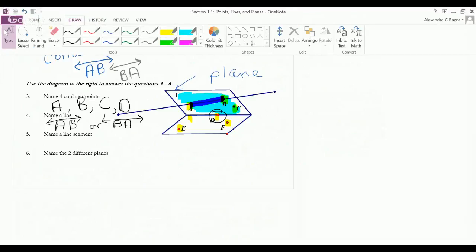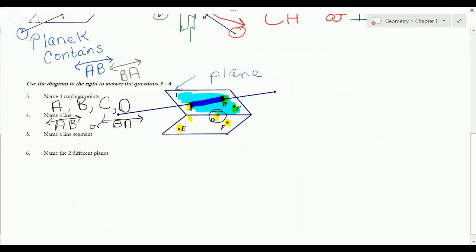So the line segment that I have is AB, and I just put a line above it, which is the same as BA. So if I ignore the stuff past it, that makes it a line segment. And that's all a line segment is. That's why there's endpoints at the end. It says to stop.